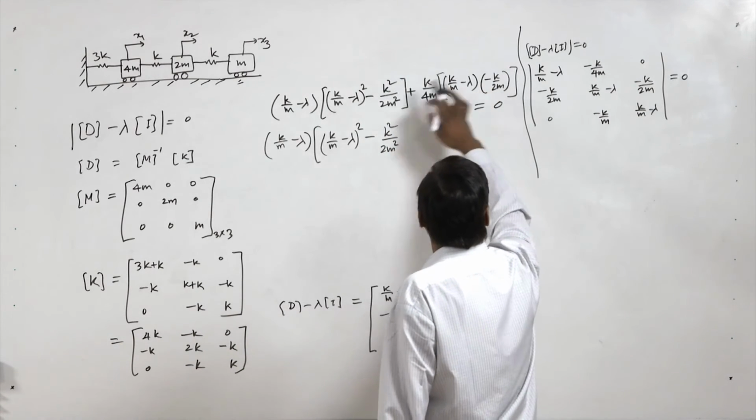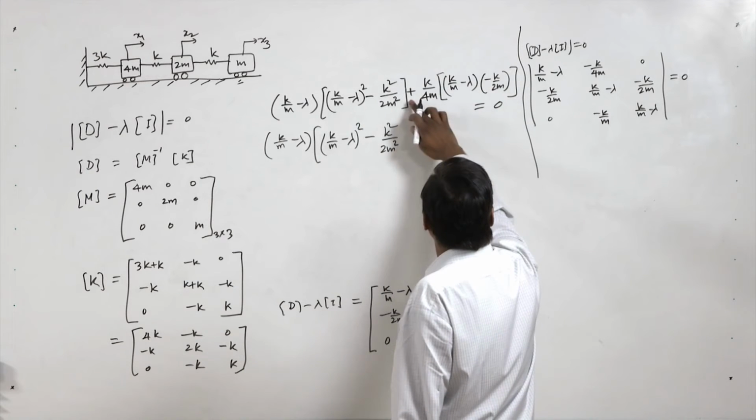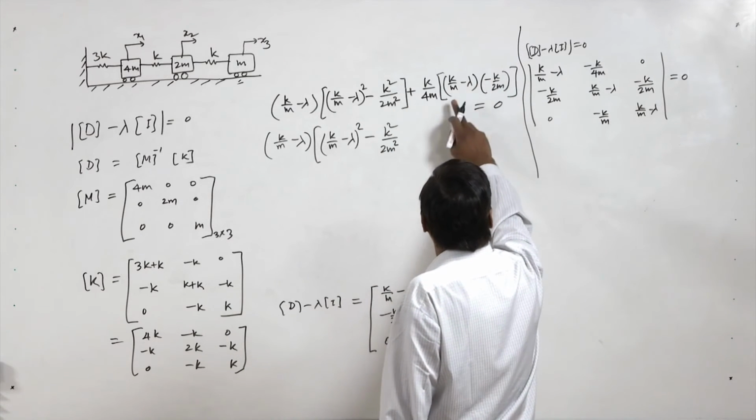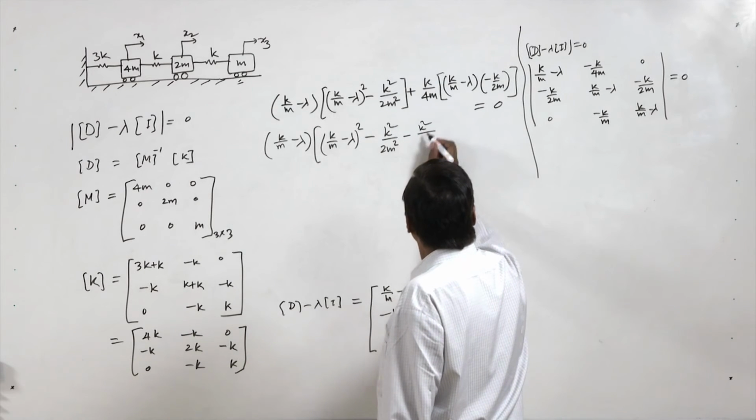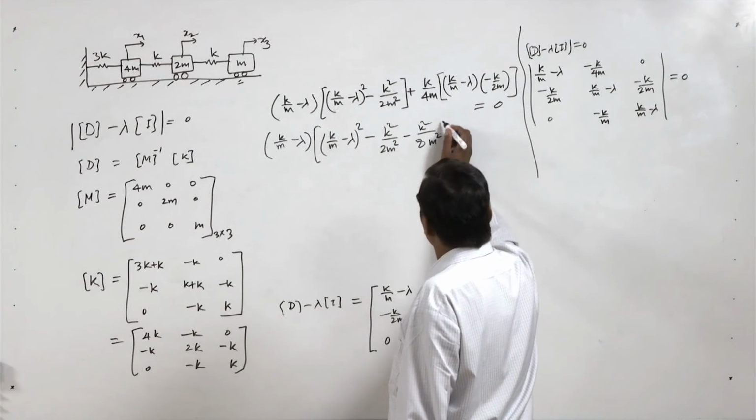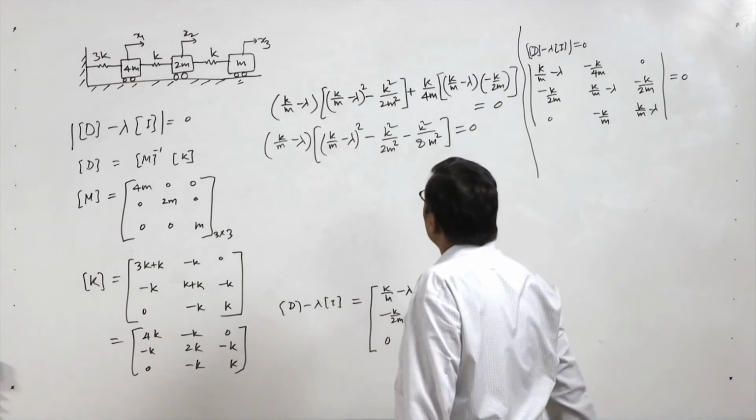Now we have taken this out, and this is minus K squared by 8M squared, minus K squared by 8M squared, and that is equal to 0.